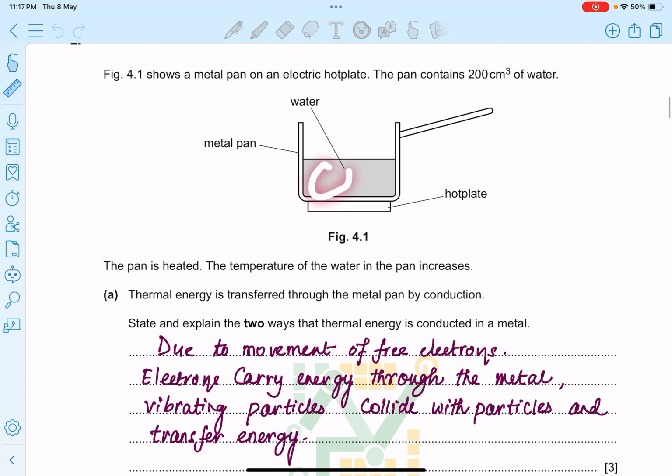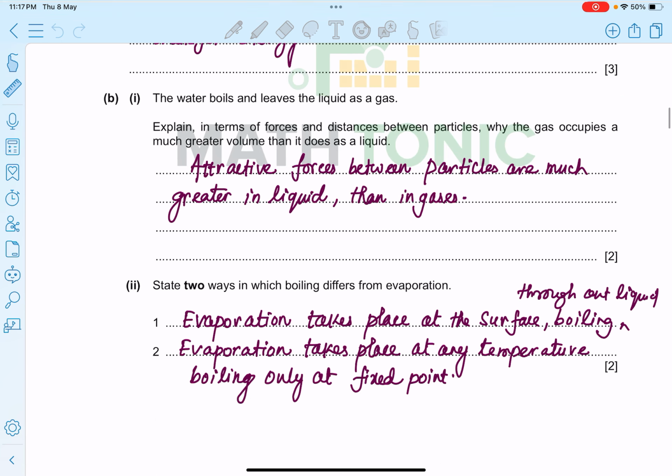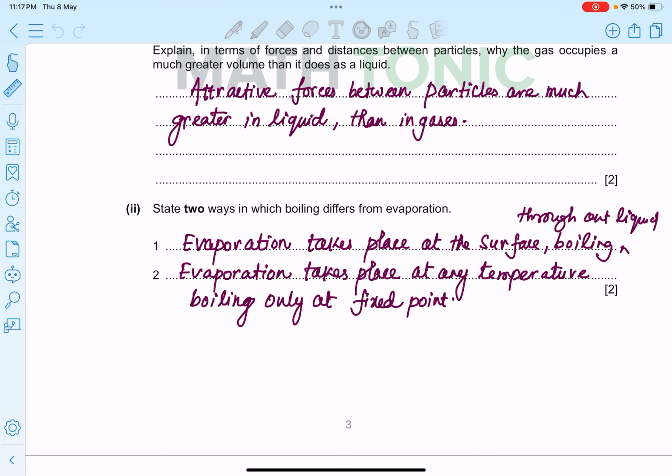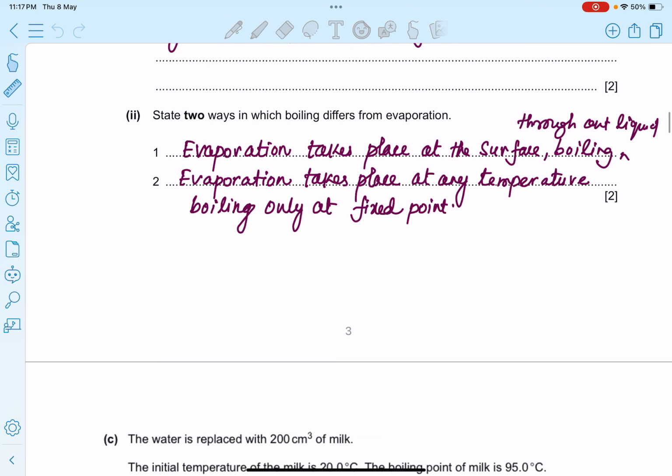That is the basic difference. And evaporation takes place at any temperature, but boiling only at a fixed point. For example, water boils at 100 degrees Celsius. Until it reaches 100 degrees Celsius, it won't boil, but before it boils, the water starts evaporating at the surface. Did you get it clearly, everyone?